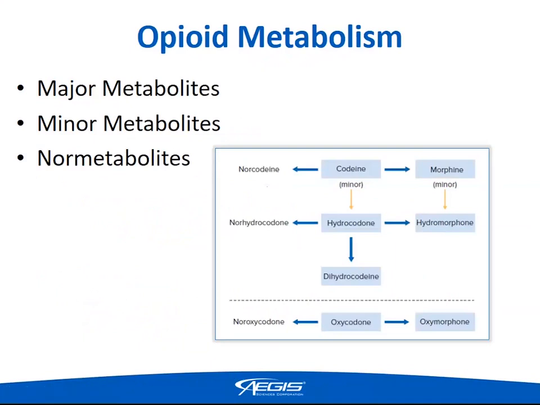Many metabolites of opioids are commercially available prescription drugs, which can cause a bit of confusion when interpreting a patient's urine drug test. The next few slides will highlight the major, minor, and nor metabolites of opioids.